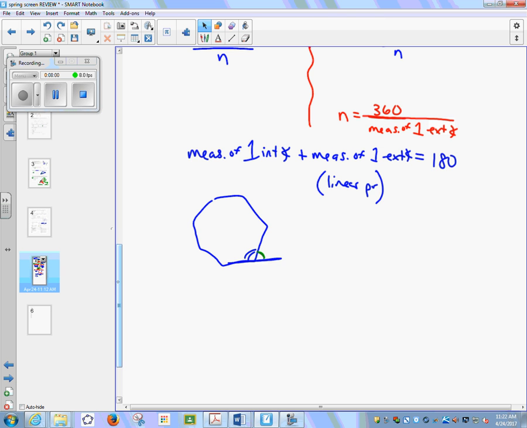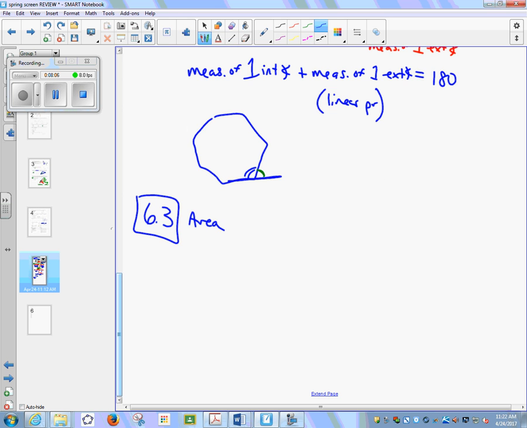Okay, so 6.3, area: 1/2 AP, where A is the apothem and P is the perimeter.